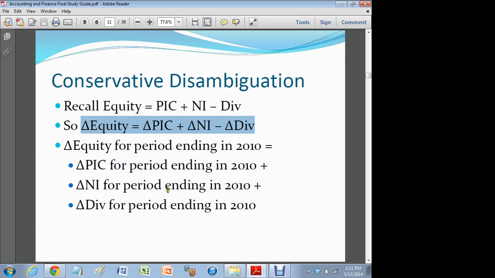It's for all of these terms, the change in the year ending in a particular year. When we say net income for the period ending 2010, this is the number you would find in the income statement for the year 2010. Same with the change in PIC and the dividend. This is the change that happened during that year.